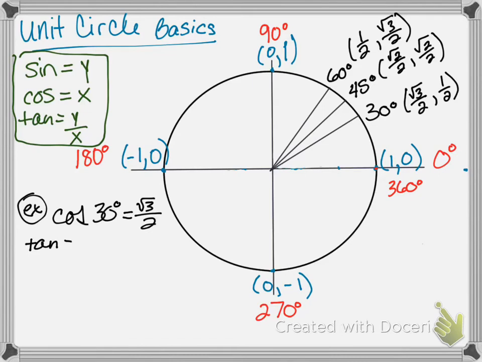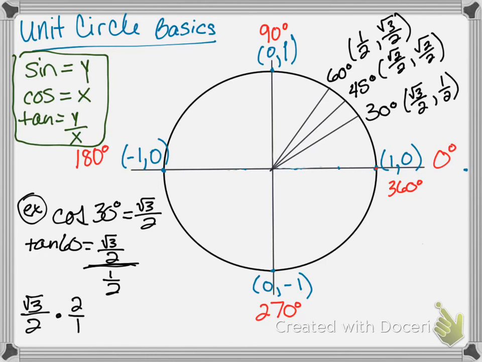So let's say we do the tangent of 60 degrees. For this one, tangent of 60, we want to take y, put the y on the top, x on the bottom. So my y value is √3/2, and I need to divide that by 1/2. If we just do some work off to the side, this means division. I can't divide fractions, so I change it to multiplication and flip my second fraction, 2/1.